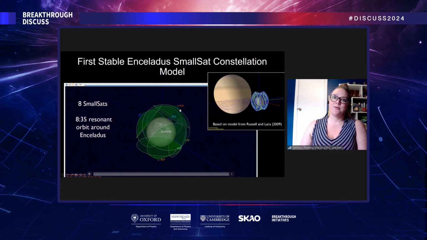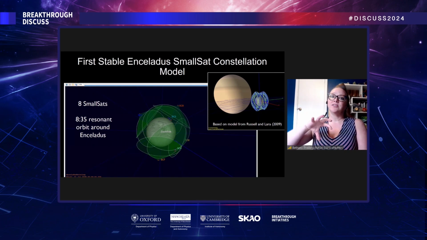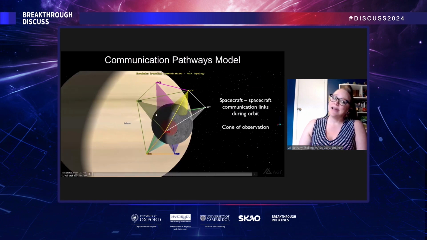These cones should be showing you that you could at least view the South Pole even if you couldn't fly over it. It's not a stable orbit to actually fly over the South Pole. Again, this would be a really great animation if it was actually working. I think Zoom doesn't like this for some reason.